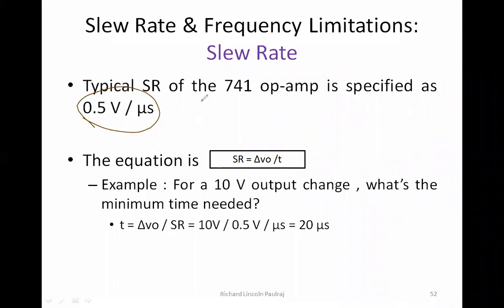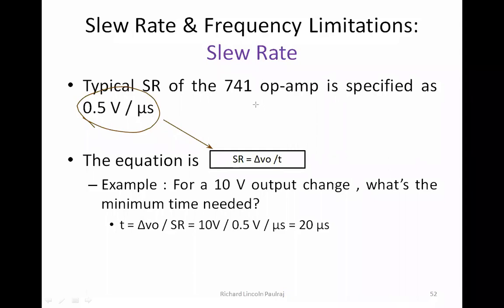I will give you a clue. You can refer to this equation and tell me what this 0.5 volts per microsecond is referring to. What do we understand by this?